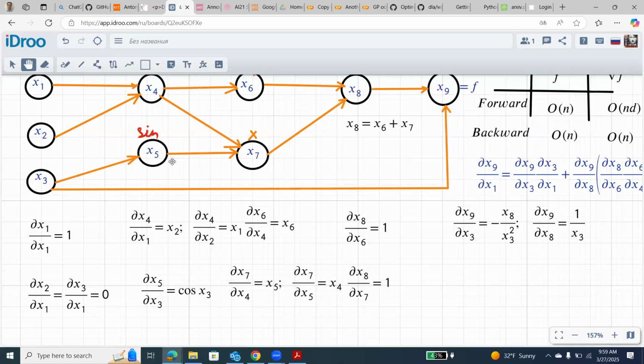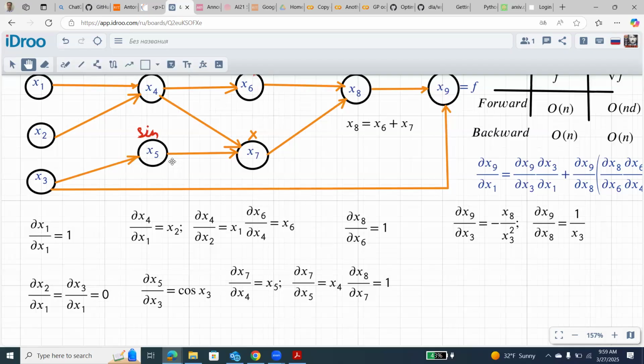We just use a substitution. We multiply only on the last step, and it will be either x4 with respect to x1 or x4 with respect to x2. And because x4 depends on x1, it will be x4 with respect to x1 times x1 with respect to x2, which is 0. So in backward mode, it just produces a lookup table, and all the substitutions are done at the end.